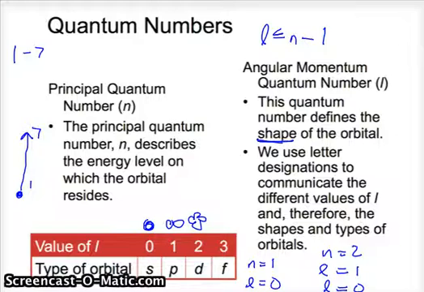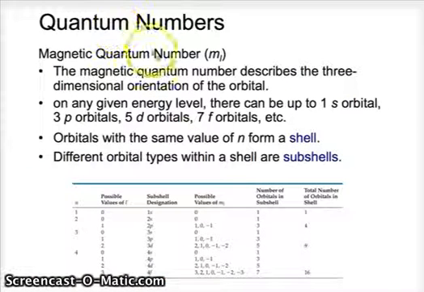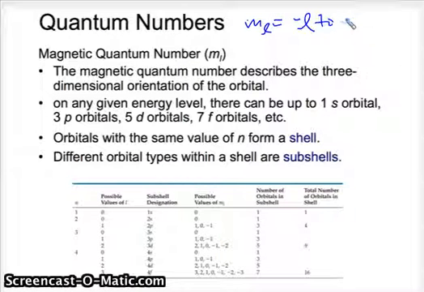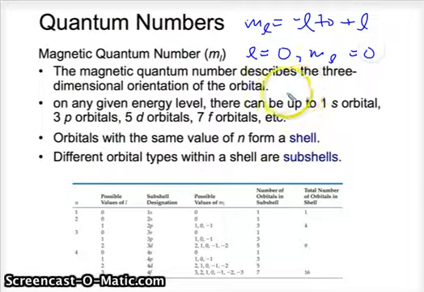Okay, now that takes us to m sub L. Okay, m sub L is equal to negative L to positive L. So if L was 0, well, guess what? m sub L is 0. But if my L equaled 1, okay, then I have negative 1, I have 0, and I have positive 1.